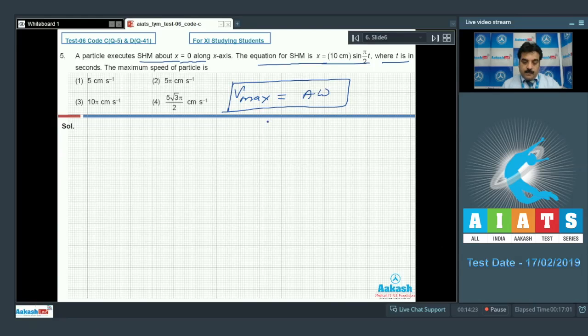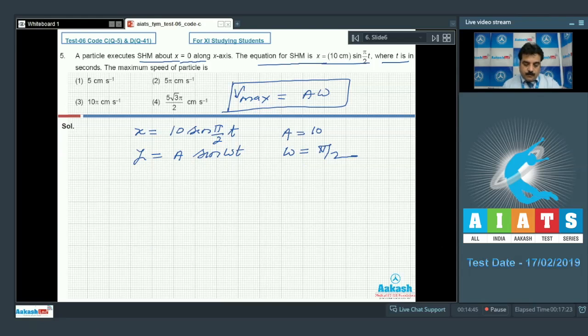So first, I would like to take the equation x is equal to 10 centimeter sine pi by 2 into t. If I compare this equation with the general equation a sine omega t, then we get the value of a is 10 and the value of omega will be pi by 2.